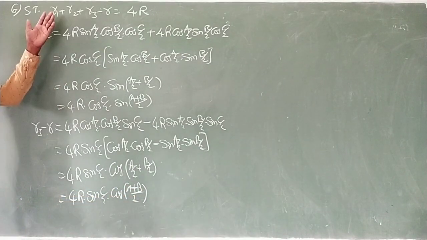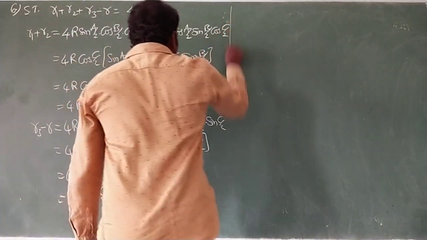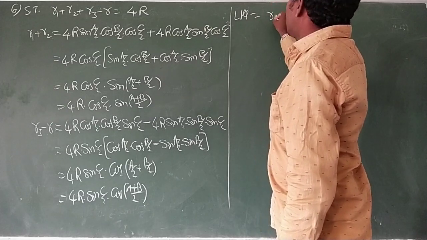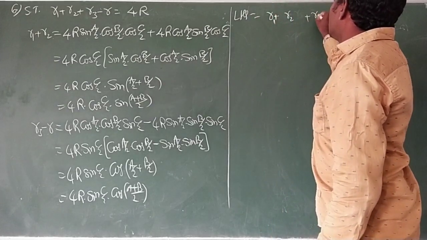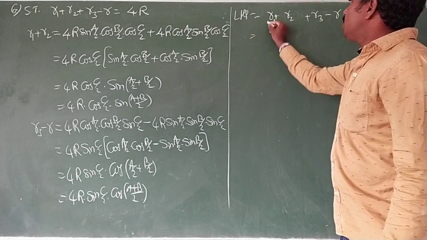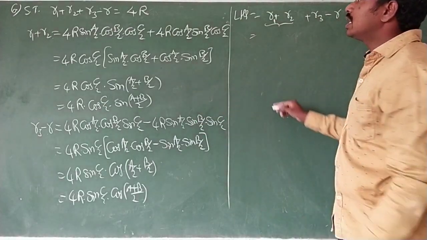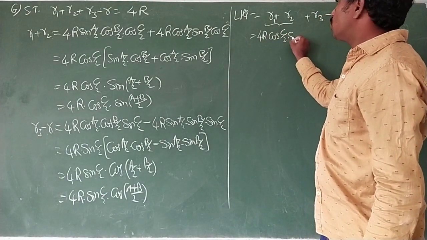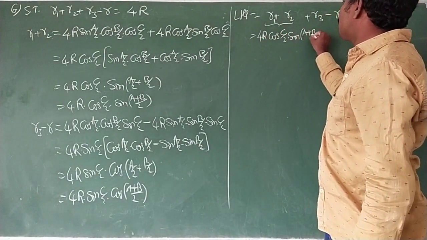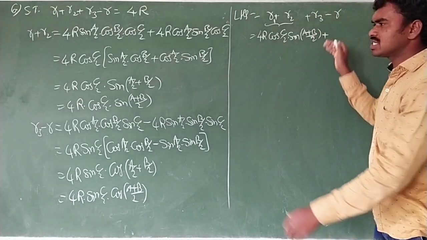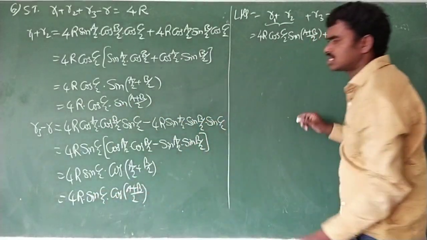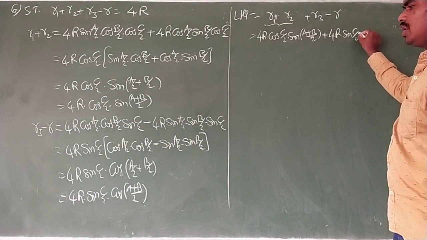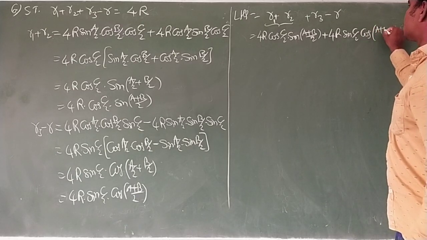Okay, in the left hand term, two parts are simplified. So now taking LHS completely. What is LHS? R1 plus R2 plus R3 minus r. So now tell me, what is R1 plus R2? That is 4R cos C/2 sin of (A+B)/2, and plus R3 minus r means 4R sin C/2 cos of (A+B)/2.